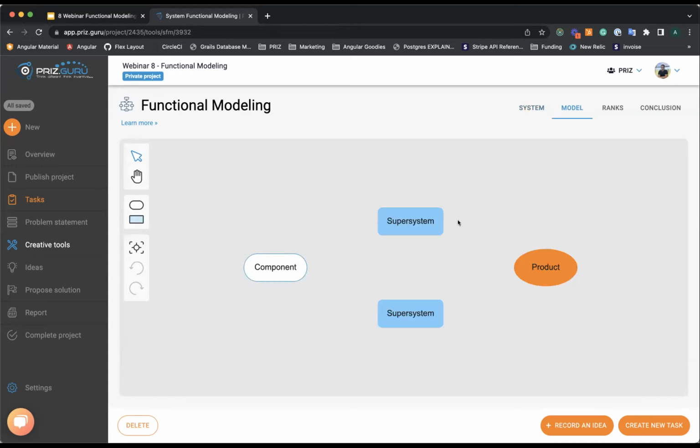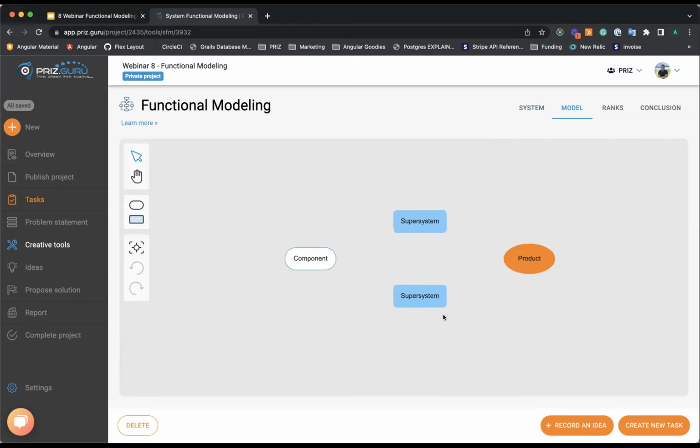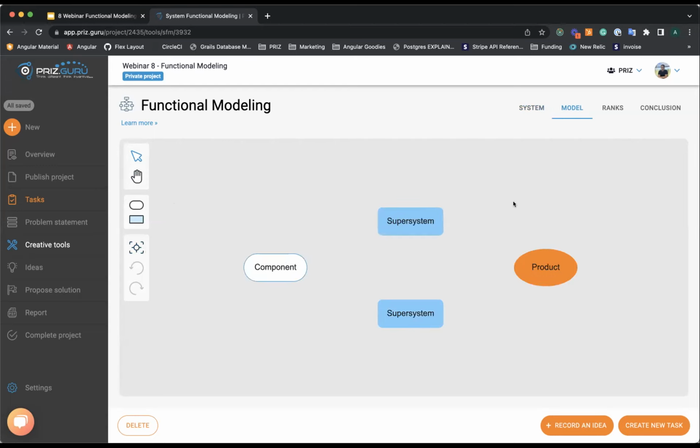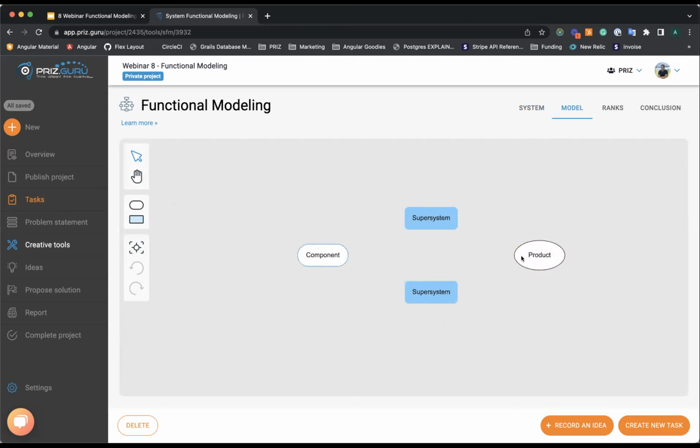When you start with functional modeling, a completely fresh, new instance of the functional modeling, this is the picture that we're getting. We're getting some placeholder. In this particular case, the product is always marked as this orange oval shape. And the product, again, can be only one product.